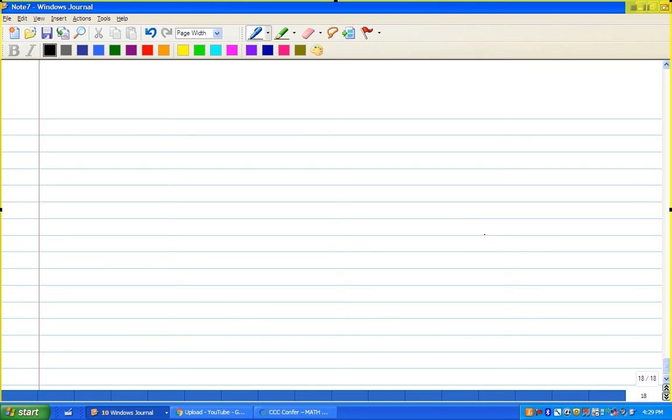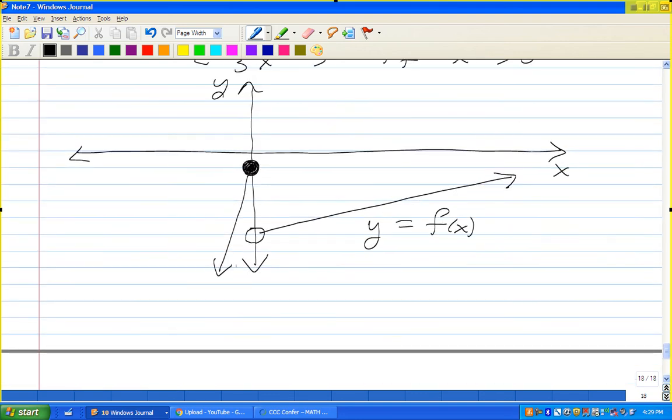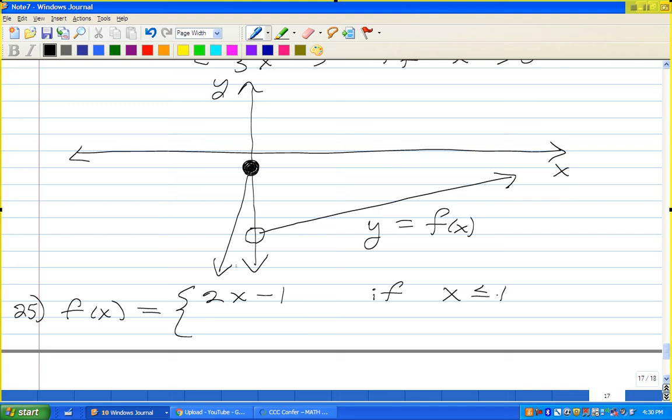Let me do problem number 25. So f of x is equal to 2x minus 1 if x is less than or equal to 1 and negative x if x is greater than 1. Okay, so let's graph this.